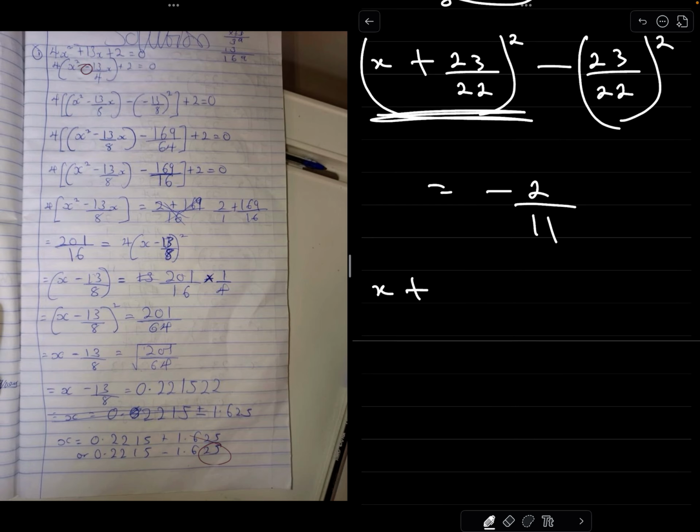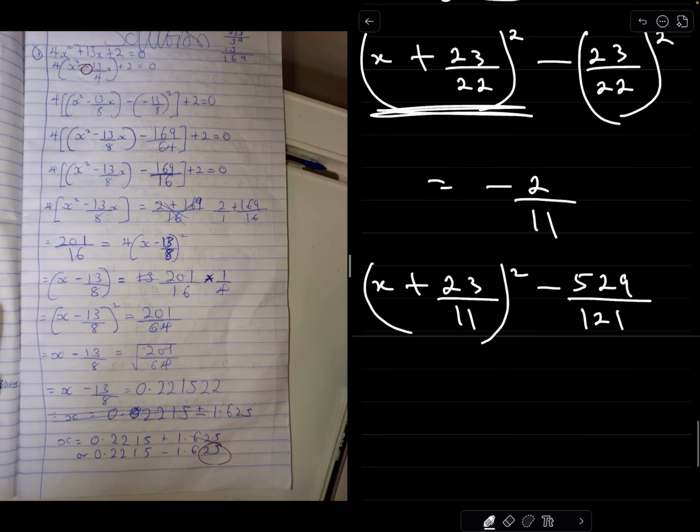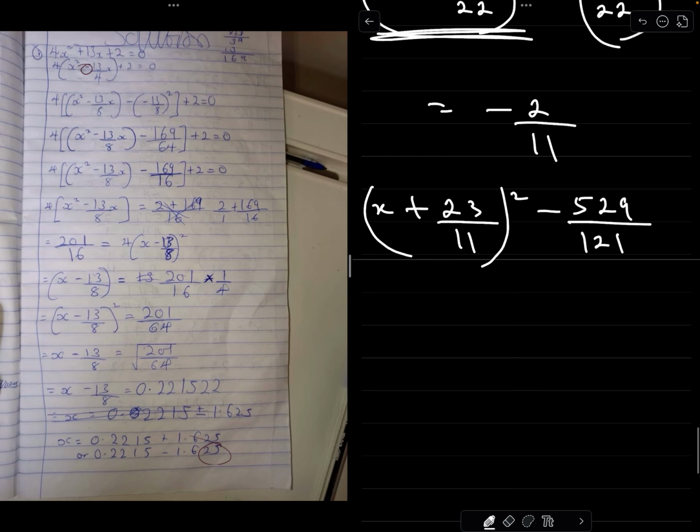The next step will be x plus 23 over 11 all square minus, what is the square of 23 over 11? The square of 23 over 11 will be 529 over 121. 23 square is 529, and 11 square is 121. So that will be minus 529 over 121 equals minus 2 over 11.